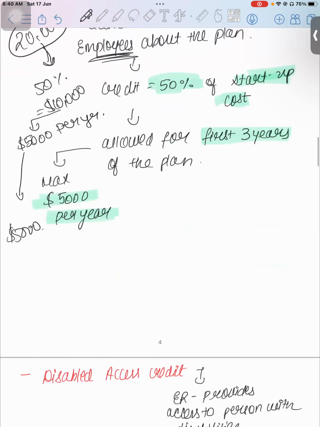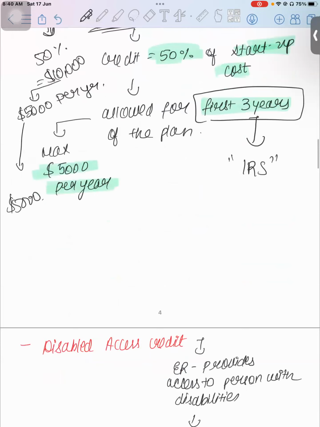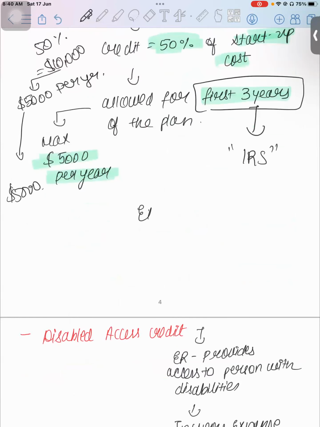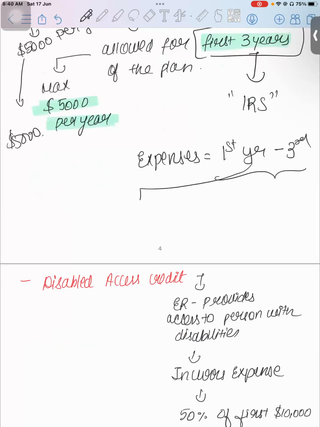Now there is one confusion here which the IRS has not yet clarified, and it's a major topic of discussion. This expense which you are incurring should be for the first year only, or for the first, second, and third, all the 3 years, and based on that, you will be getting a deduction for the first 3 years.